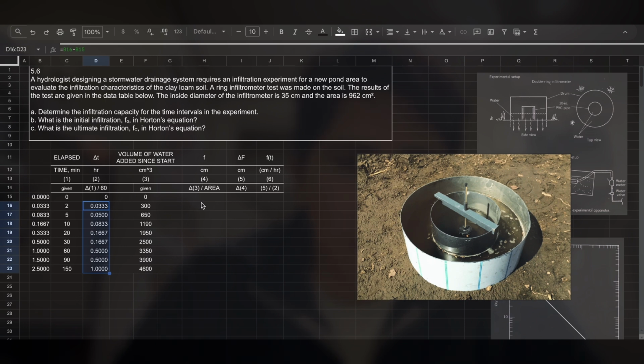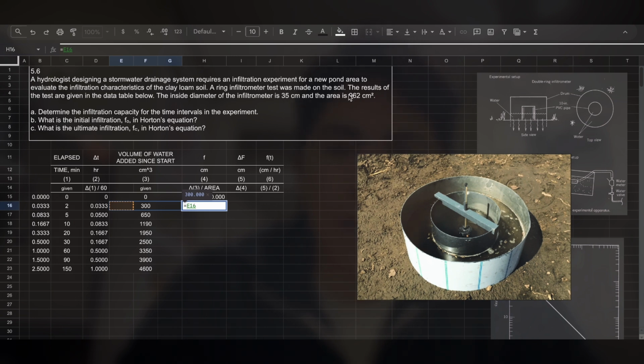Now we need to find all this water added. It's in cubic centimeters, so it's including the area. If we divide by the area, we get only the depth of the water, the elevation between the surface and the surface of the water. So let's divide that by the area. The first one is going to be 0, and we divide the rest by the area, which is given.